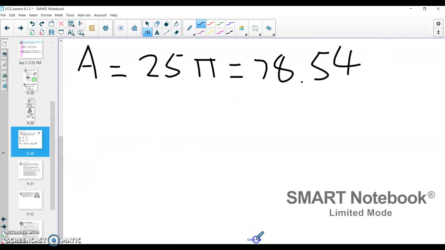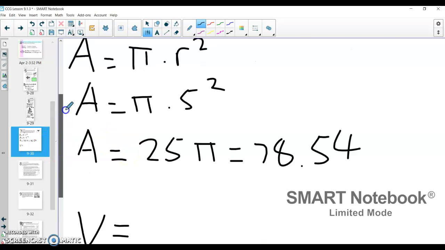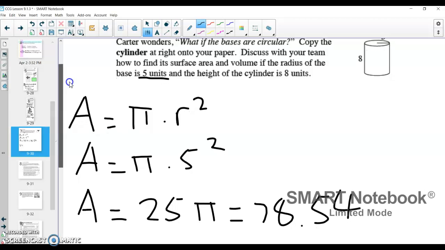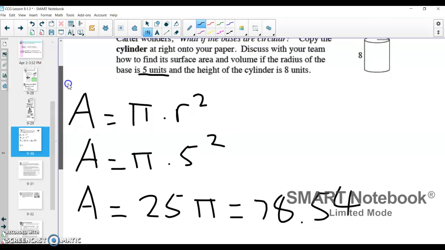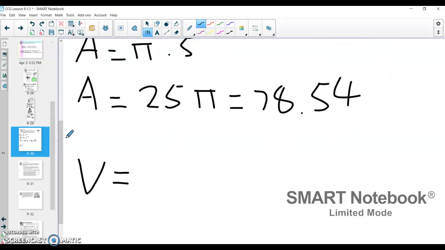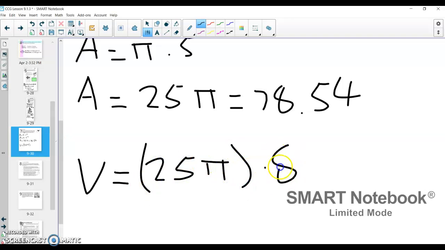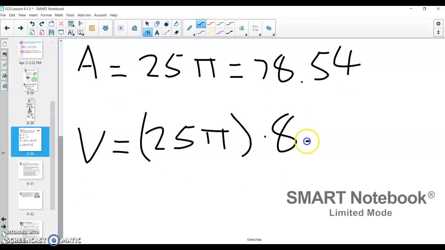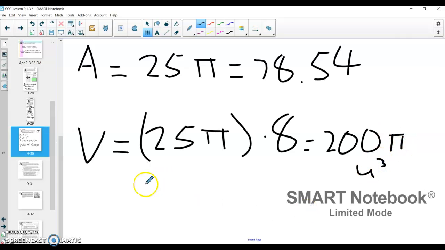And then to find your volume, you take your area and you multiply it by your height. And so you could do either way here, no matter how you like to do it. You could take the 25 pi and multiply that by 8 because our height is 8. 25 times 8 is 200, so we'd get 200 pi as a volume. 200 pi units cubed is our volume.